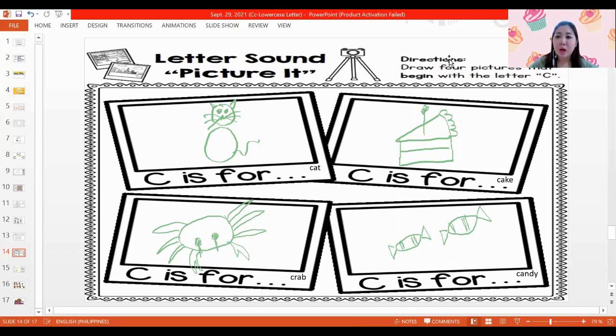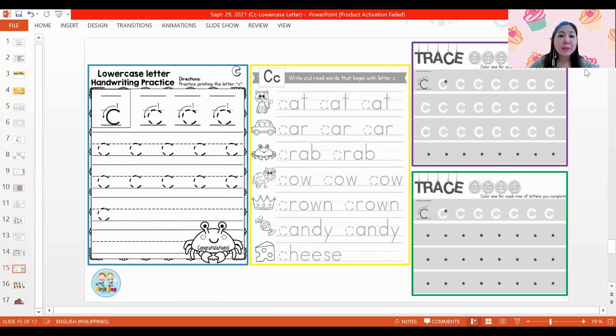So for the last part of our work, we will have writing our letter C. So for the first one, we are going to trace and we will also write our letter C. So you just trace your letter C. Try to trace as close to the line as possible.